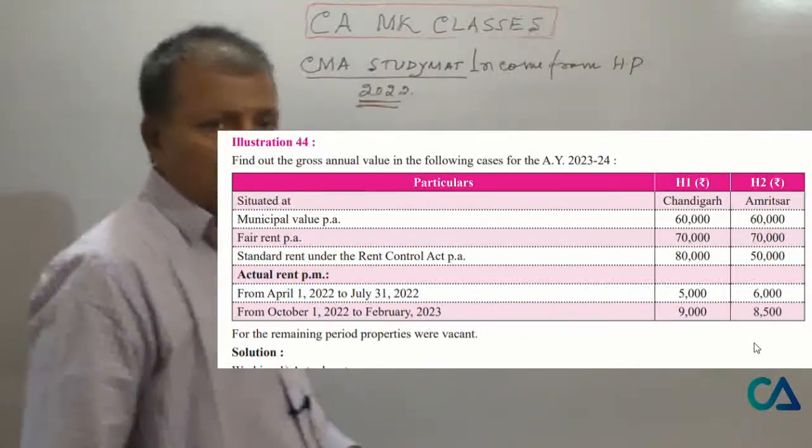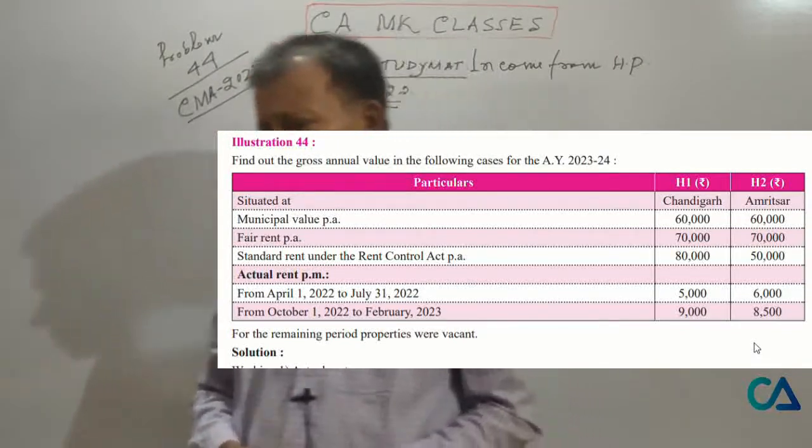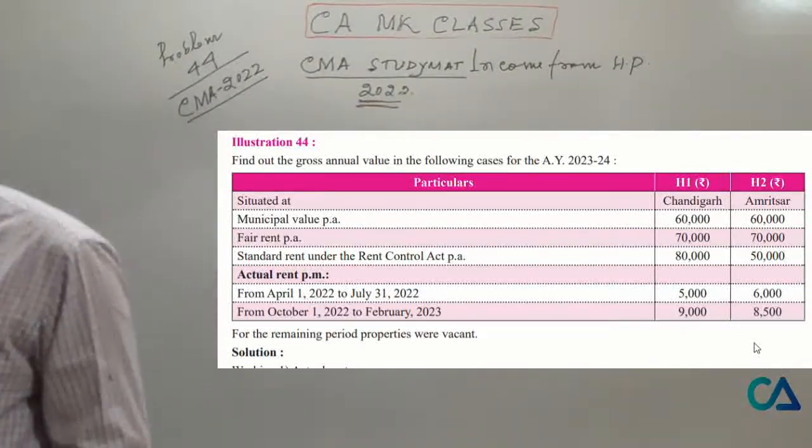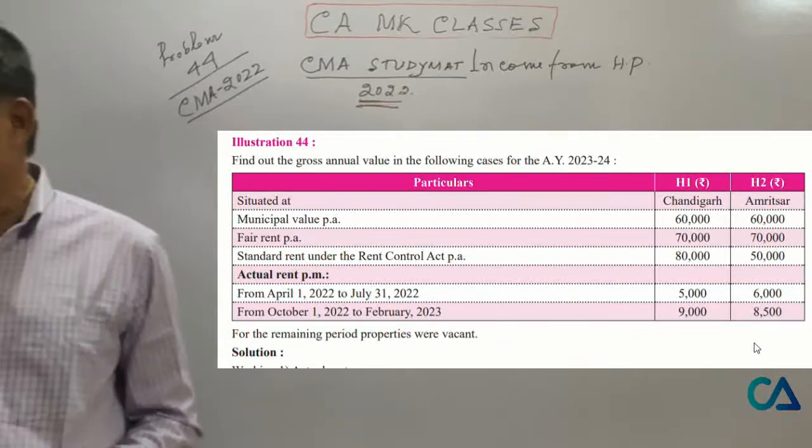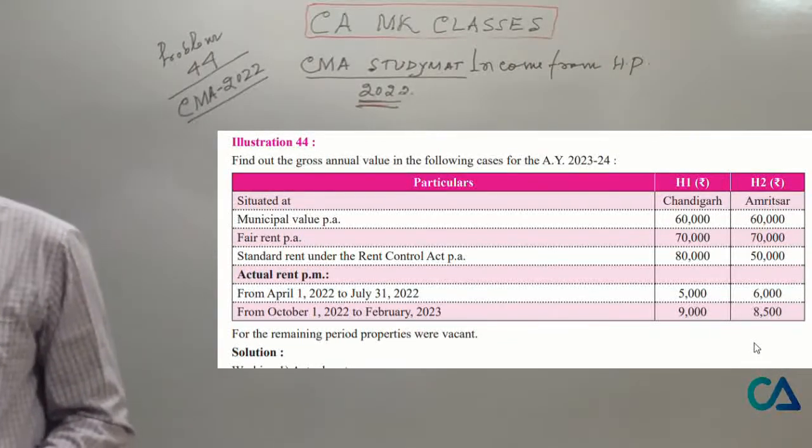In problem number 44, there are two houses, house number 1 and house number 2.